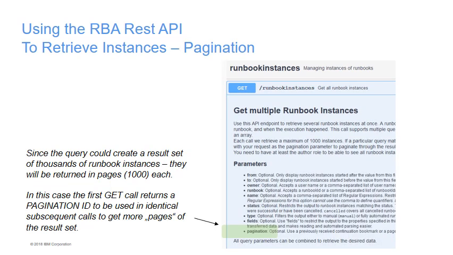If too many runbook instances are found that match your chosen query parameters, only a subset is returned. In addition, the header of this REST call contains a bookmark, which can be used in subsequent calls of the same API with the same query parameters, specifying this bookmark in the pagination parameter of this call.